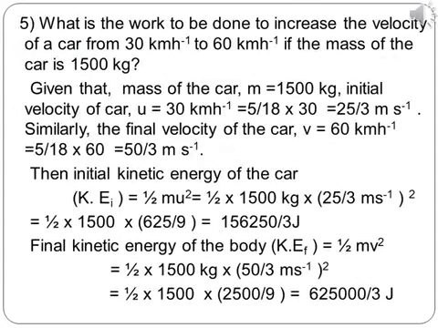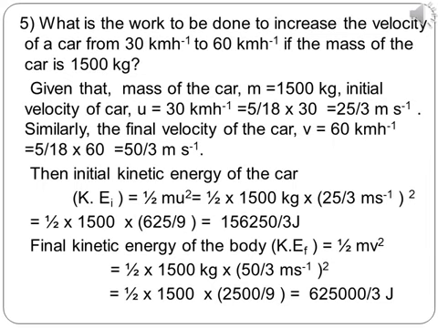Fifth question is, what is the work to be done to increase the velocity of a car from 30 km per hour to 60 km per hour if the mass of the car is 1500 kg?